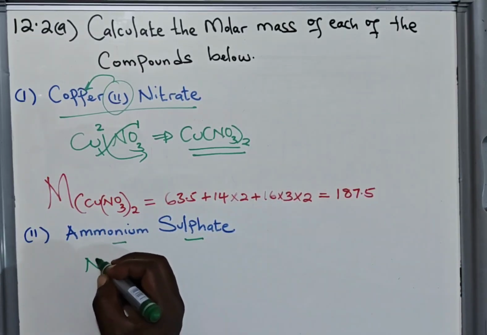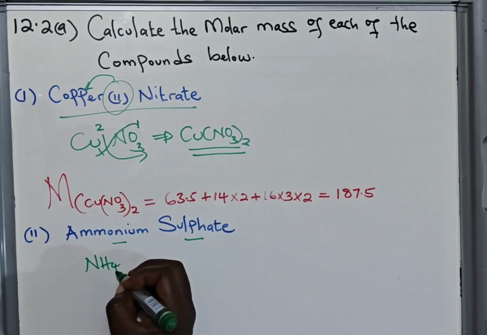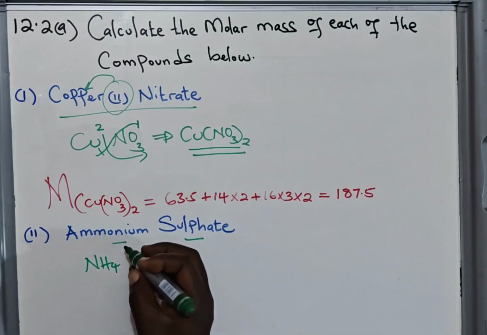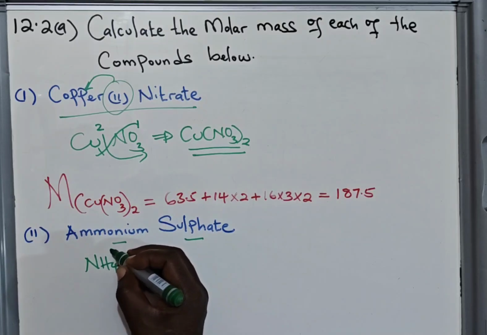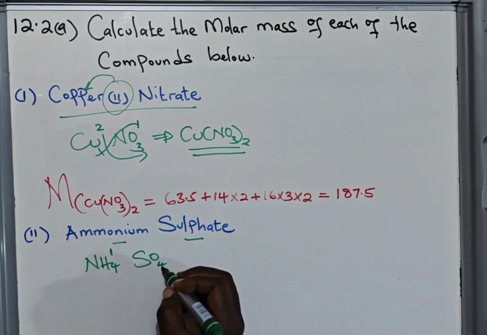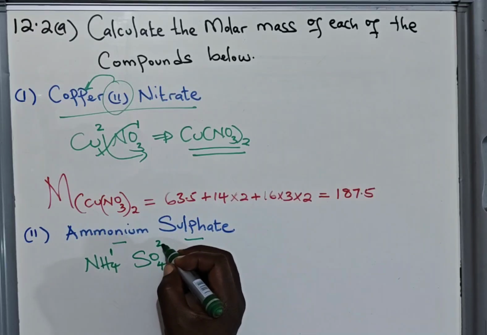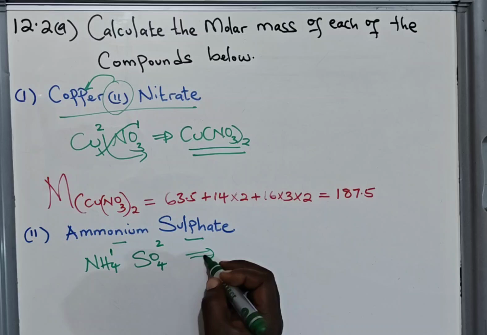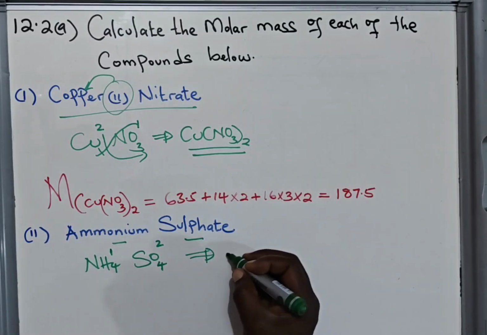Ammonium ion is written as NH4, and its valence is 1. And sulfate is SO4, and its valence is 2. After exchanging the valence, this is what we get.